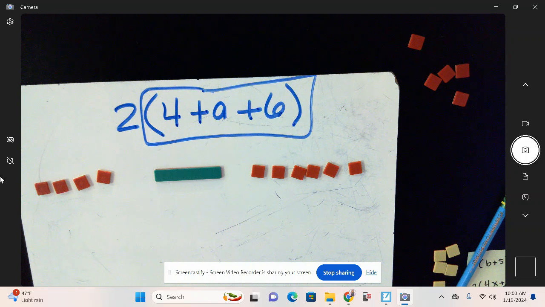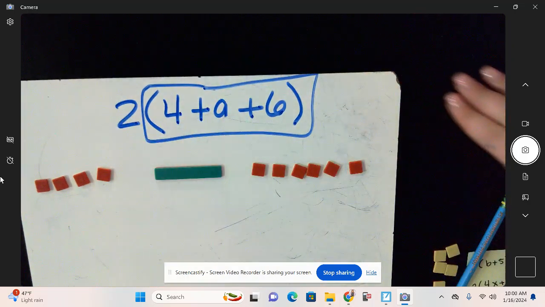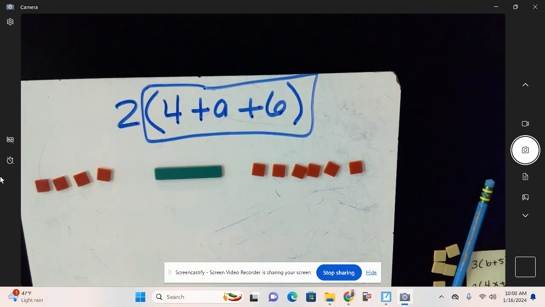How many times are we going to do this? 2 times. It tells us right here we're going to do it 2 times. We don't have enough things. You do.